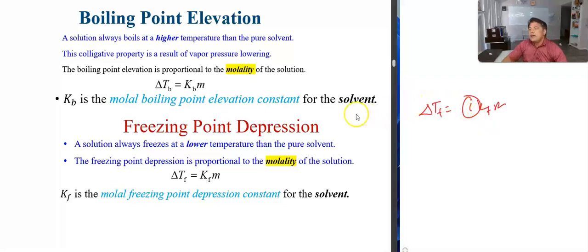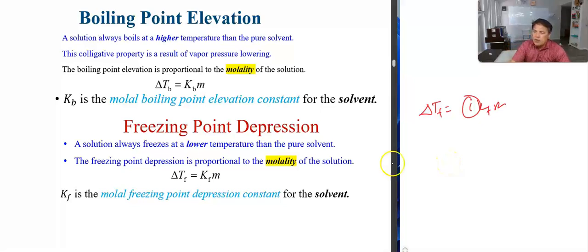It means that as much as the number of particles increases, that much the vapor pressure gets lowered. Similarly, the freezing point gets decreased, and the boiling point gets increased. It means sodium chloride has an i of 2, so it has double the capacity of another similar non-ionic compound.